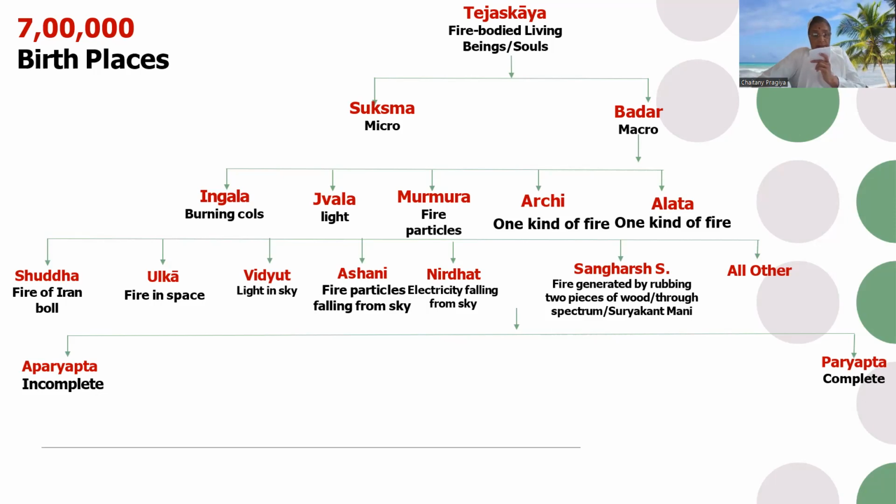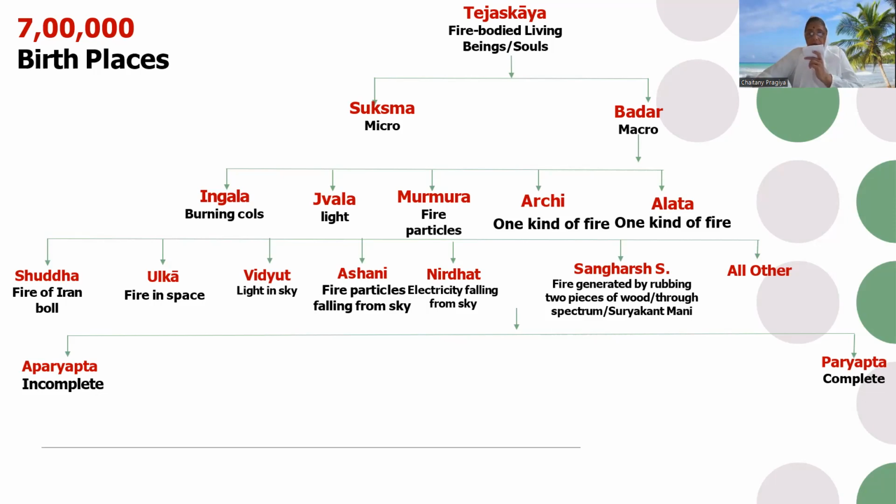Vidyut, which we can say is electricity, but that electricity produced in nature, especially whenever there is heavy rain, when we find such a light in the sky. That kind of electricity is also recognized as a living entity. Ashini is fire particles falling from the sky. Nirdhat is also a kind of electricity which falls from the sky.